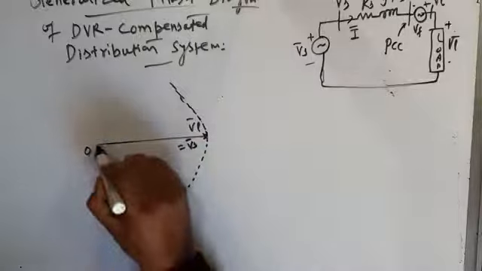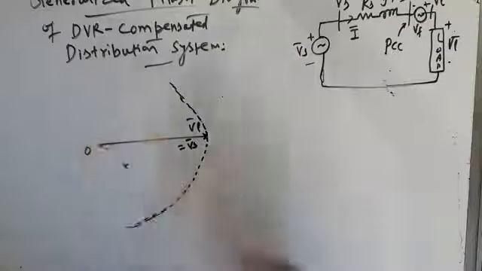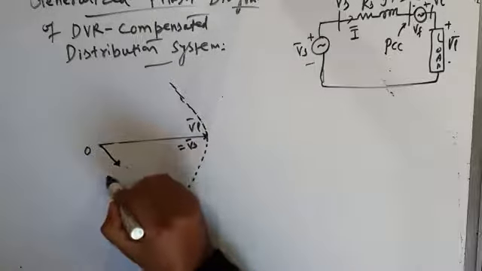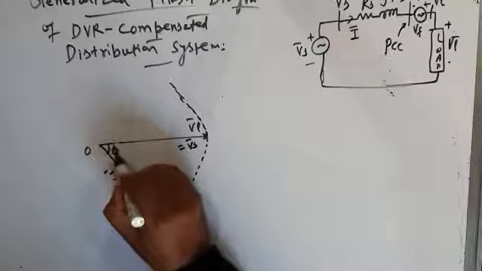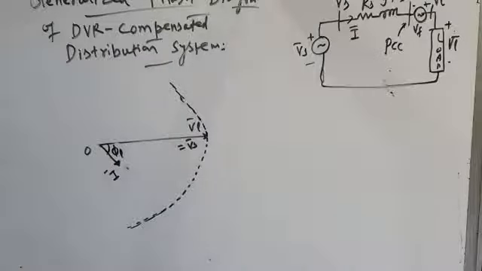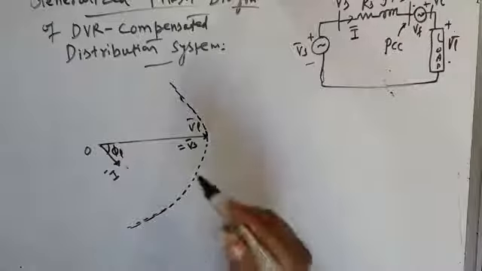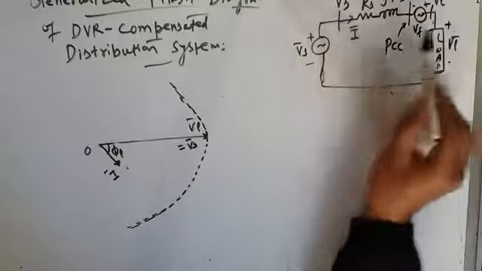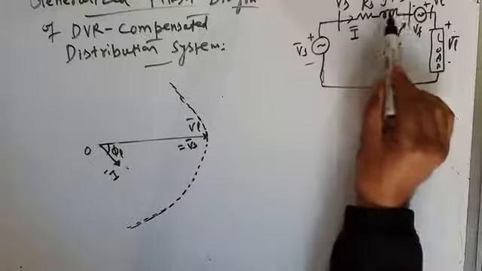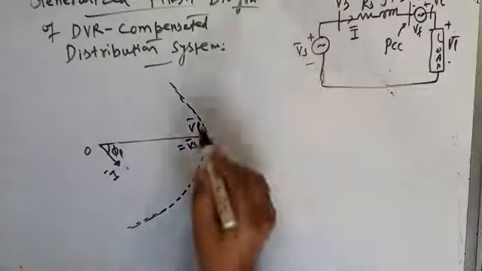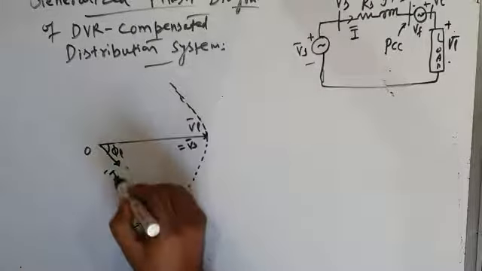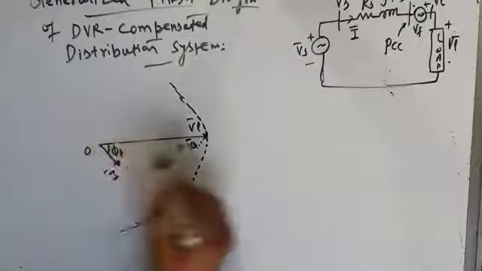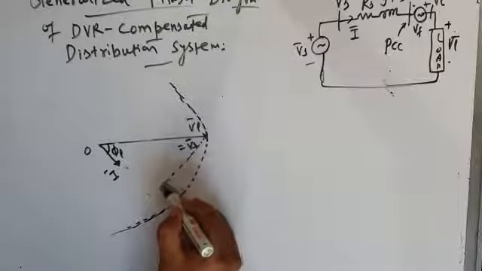So if this is your source voltage or load voltage, this will be the load current I, and the load current is lagging behind the load voltage by phi L. Now, if resistance is not there, what will the drop be equal to? Your load voltage will be source voltage minus J I into Xs, the reactive drop, that will be at 90 degrees to the current.